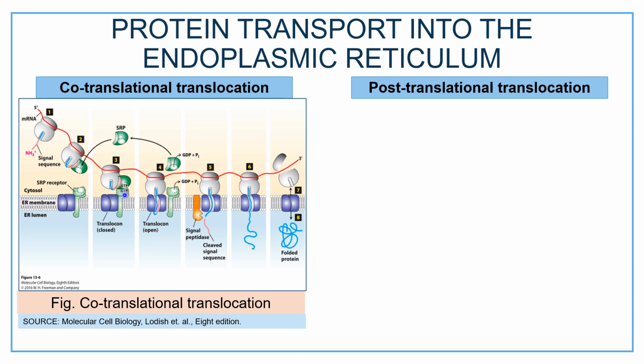The SRP receptor contains two subunits, a peripheral alpha subunit and a transmembrane beta subunit. The SRP, having two binding sites, directs both the binding of the ribosome to the ER membrane and insertion of the nascent polypeptide into the transmembrane channel. Thus, the polypeptide chain elongates and the signal sequence is cleaved by a signal peptidase.